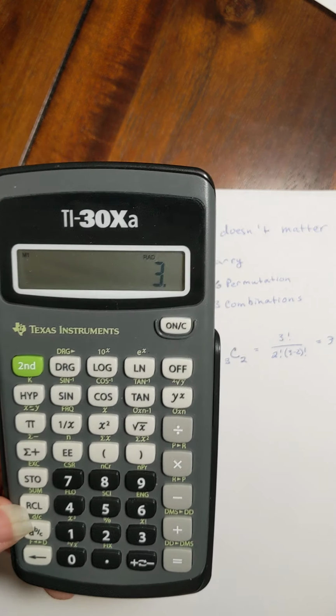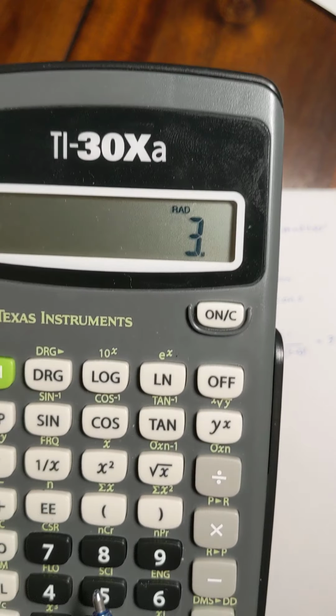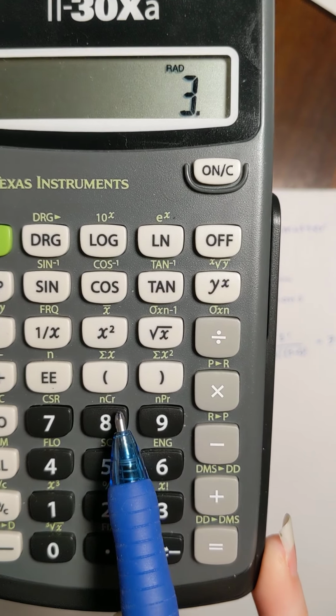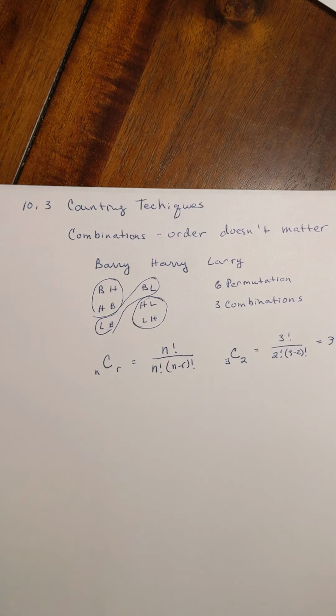So if you look on my calculator, right above the R, the 8, I have combinations of n choose r. So you can look for that on your calculator as well, and then you don't have to actually work any problems. Well, you still have to work the problems, you have to figure out the combinations, but you don't have to write it all out.